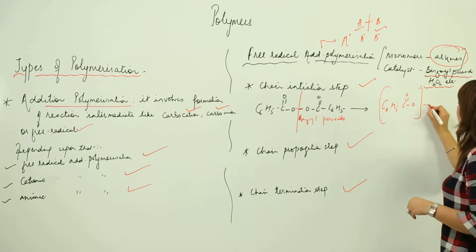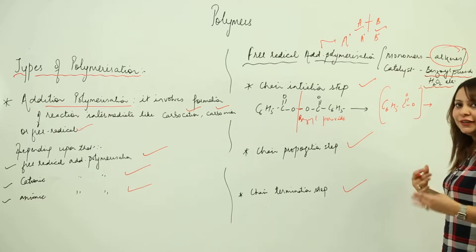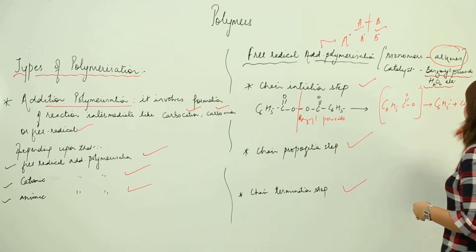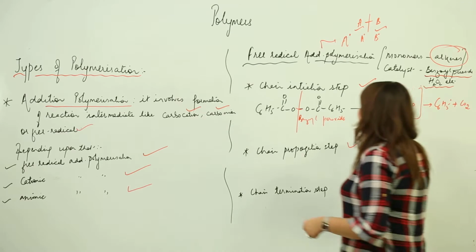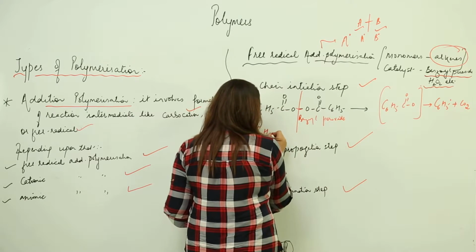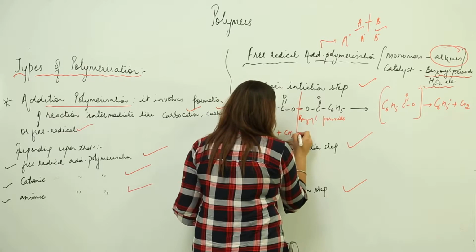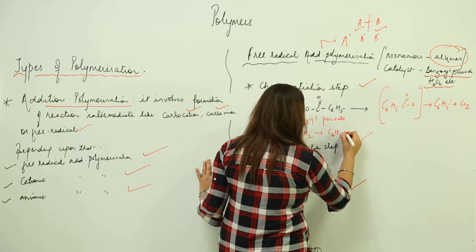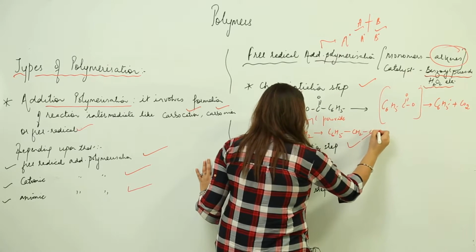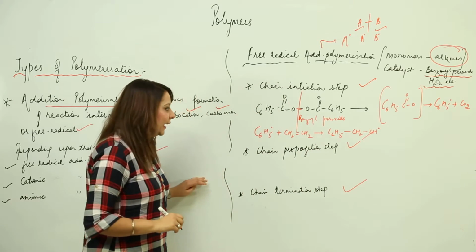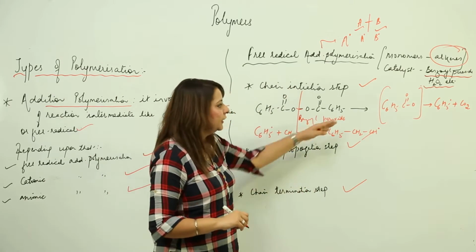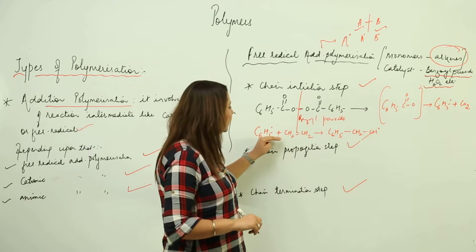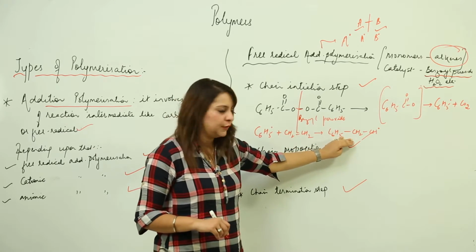Now, we further heat it and finally it forms a phenyl free radical, along with which carbon dioxide is formed. Then this phenyl free radical combines with one of the monomers and forms an intermediate, this. This is the chain initiation step where the catalyst breaks up to form a free radical, and the free radical links up with the monomer forming a reaction intermediate.